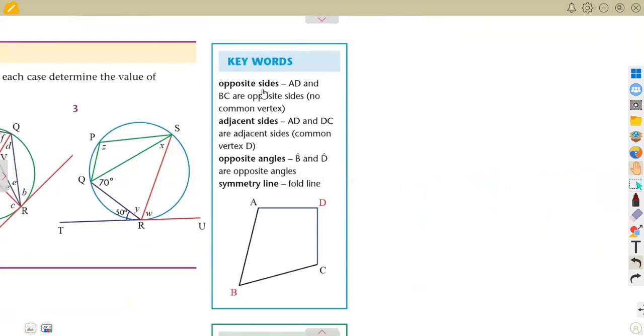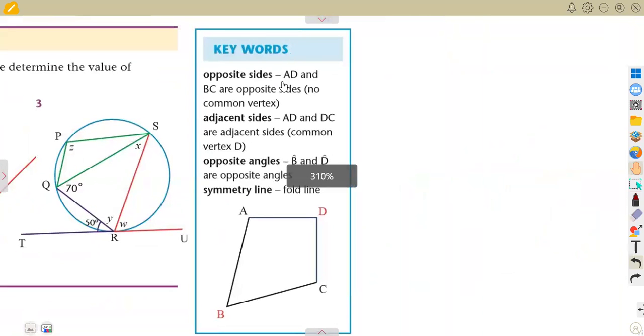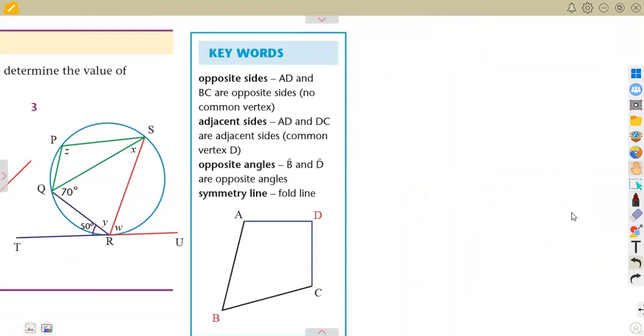We are given keywords to remember from the previous exercise that we had. Opposite sides, AD and BC are opposite sides, no common vertex. Adjacent sides, AD and DC are adjacent sides, common vertex. So if you are given AD and BC, they are opposite sides.